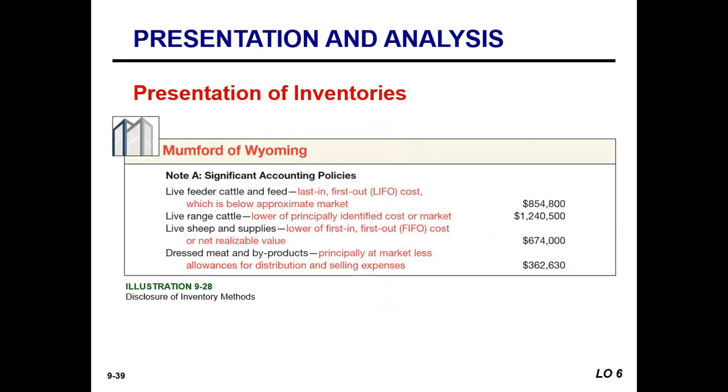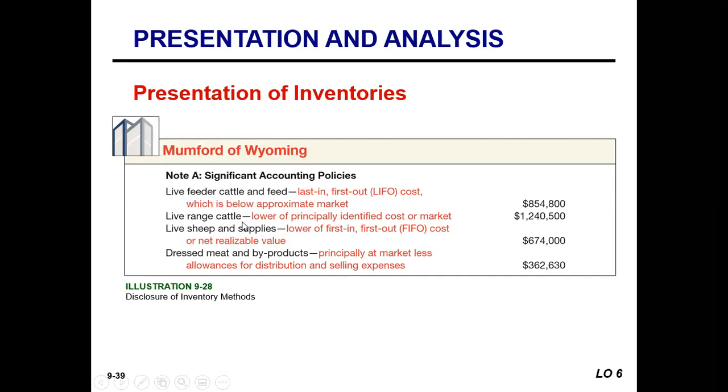So here's an example of this, for Mumford of Wyoming, and some of the inventory methods that are used for each of their products. So live, feeder cattle, and feed, they value based on last in, first out, which is below approximate market.